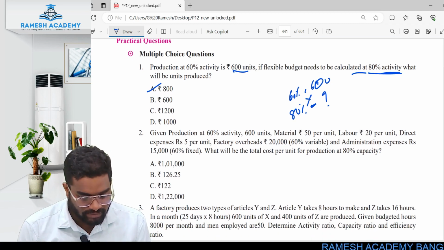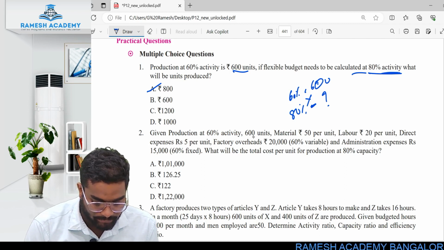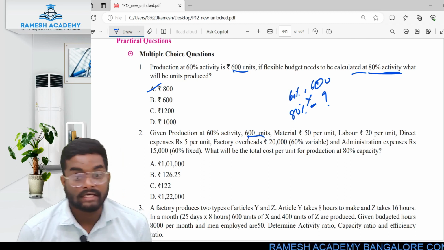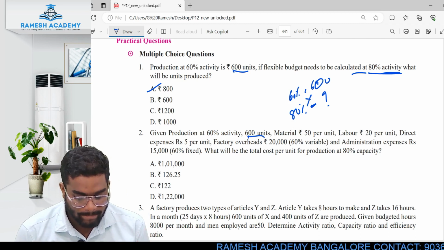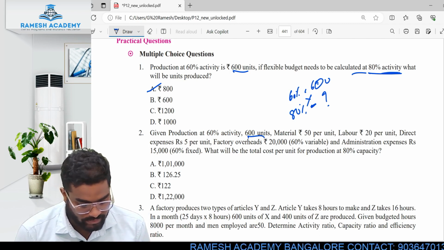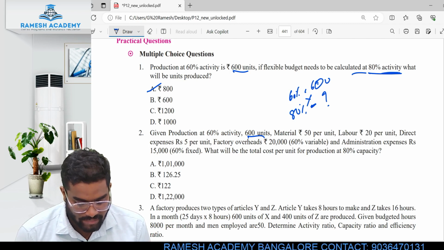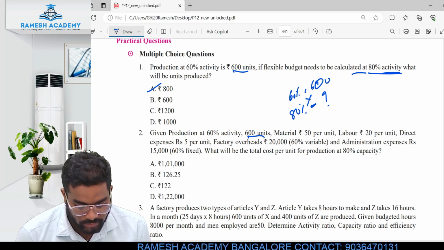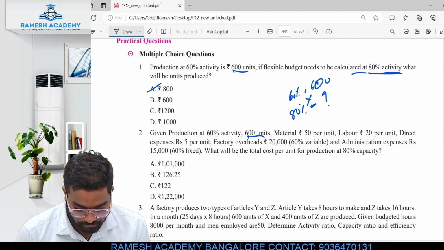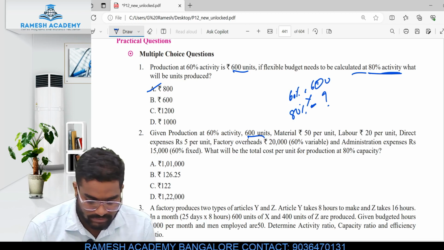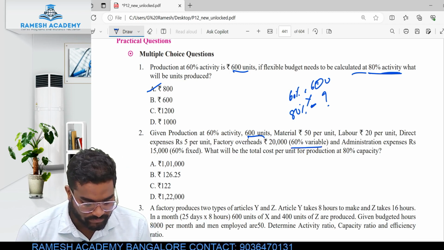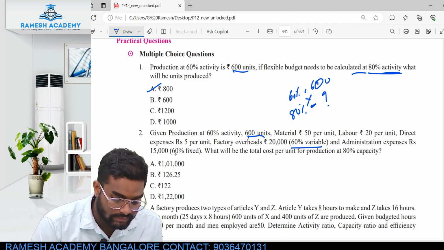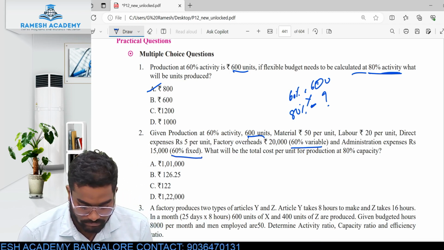Now this is one important question. Given production activity 600 units at 60% capacity, material cost is 50, labor is 20, direct expense is 5 rupees, and factory overhead is 20,000, of which 60% is variable, and admin expenses are 15,000, of which 60% is fixed.